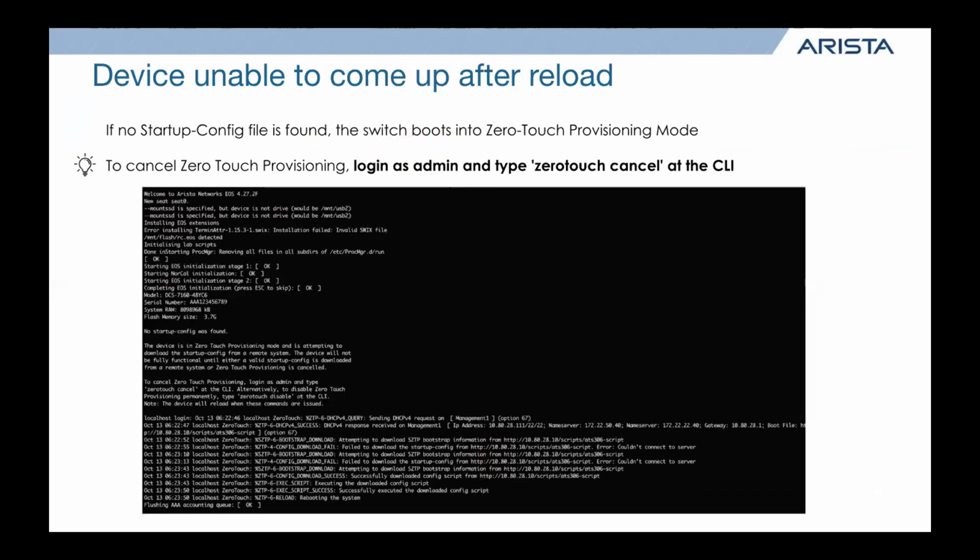If the DHCP server does not give it that file, it will wait a few minutes and then reload and try again. The goal of that is supposed to be for something like an actual ZTP or zero-touch provisioning environment with CVP, for example. But if you're seeing that, it means you don't have a startup configuration, and you can cancel that process using this zero-touch cancel command at the CLI.